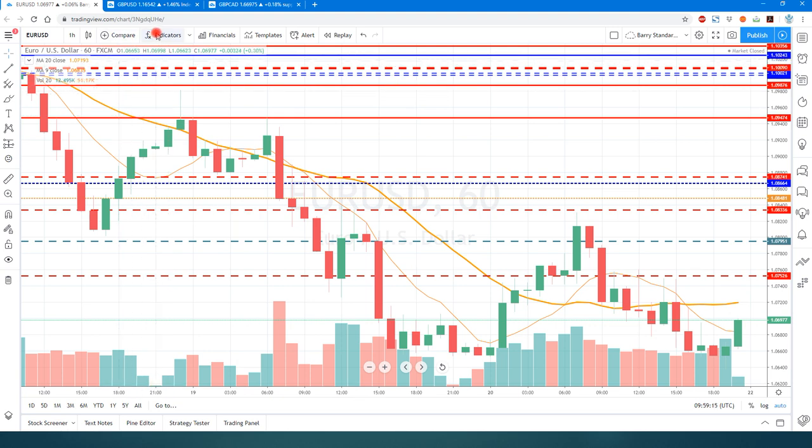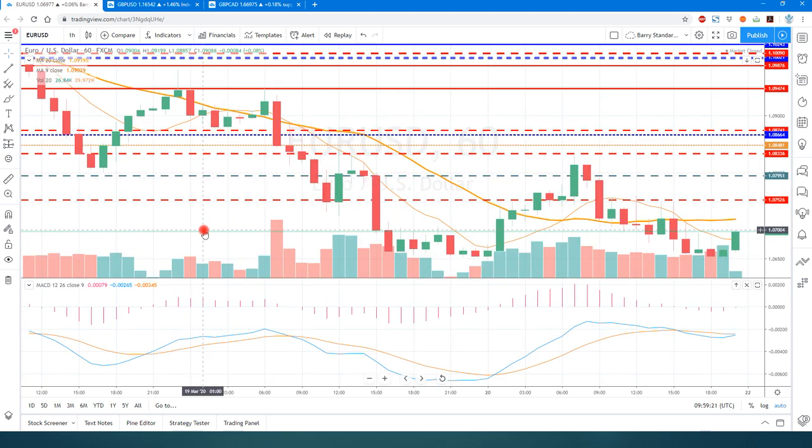We can go from there and add on things like indicators like MACD, which is considered a technical indicator that goes on the bottom of your charts. So these are all different parts of technical analysis. They can help you interpret the market. You can use one of them, all of them, none of them.